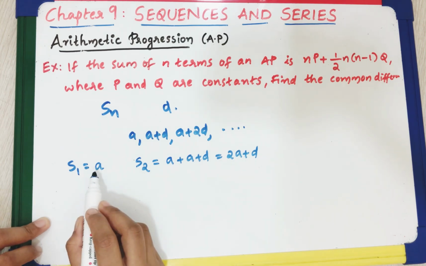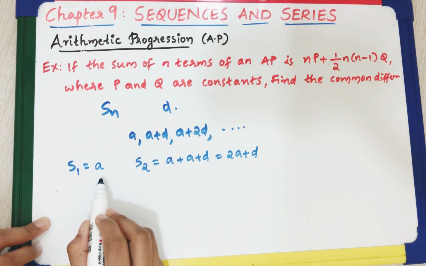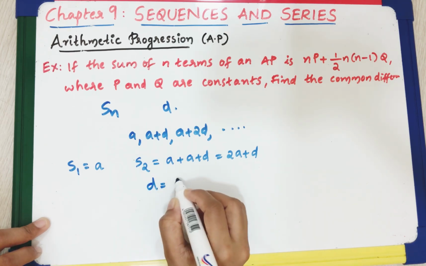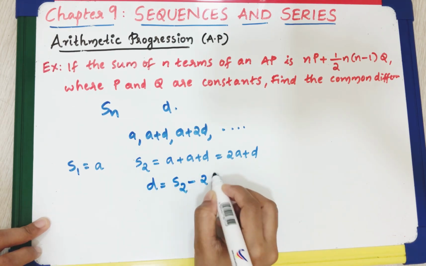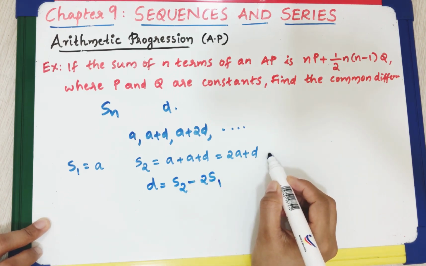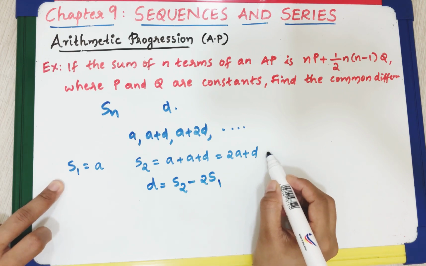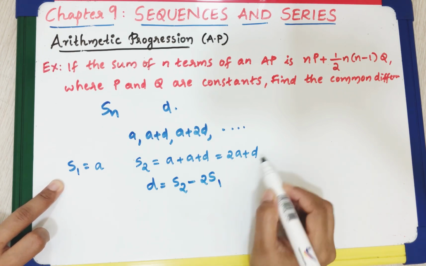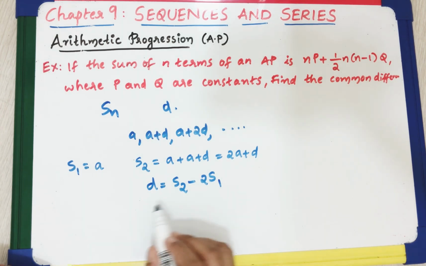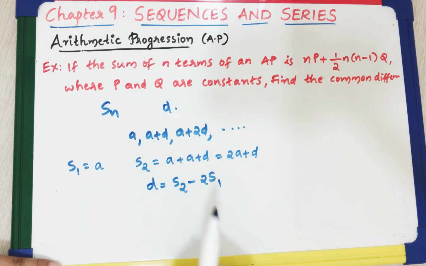That is, a is S1, therefore 2a is 2S1. Therefore, we can write d is equal to S2 minus 2S1. Here, d is 2a plus d minus 2a, but a is S1, therefore minus 2S1. That is S2 minus 2S1. We are using this concept to find the common difference here.